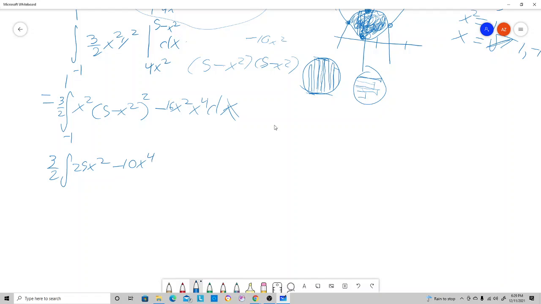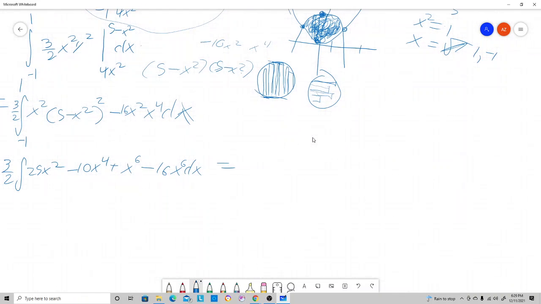And then this will become x to the 4th, plus x to the 6th, then minus 16x to the 6th, dx. So now let's simplify even more.